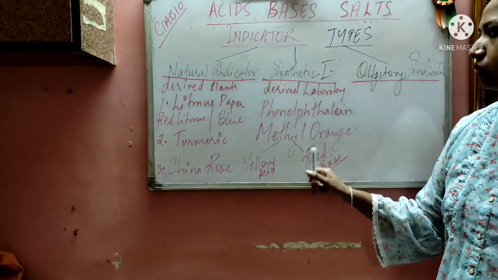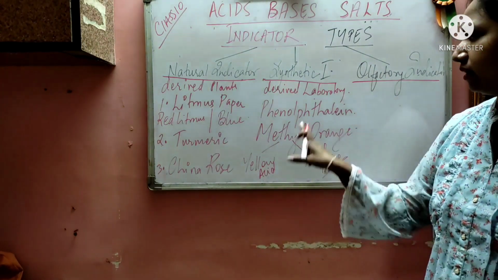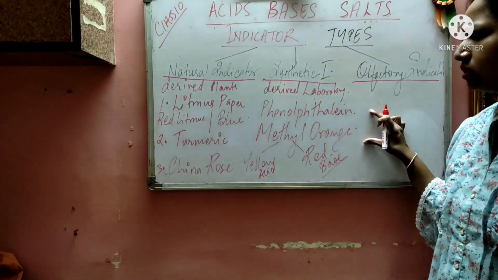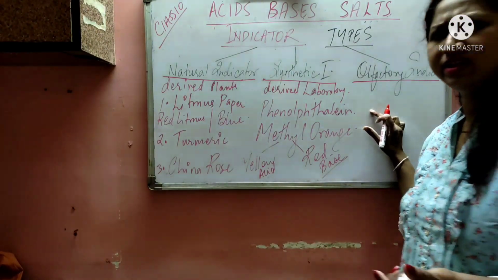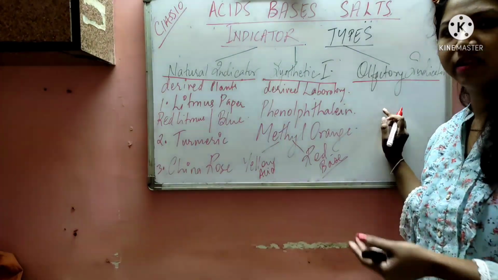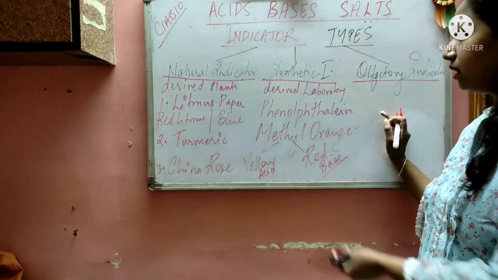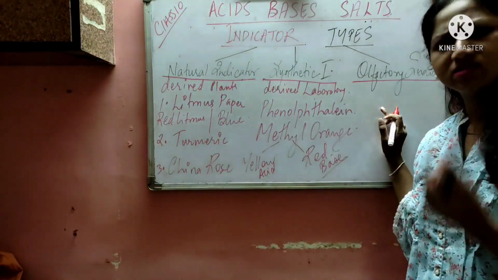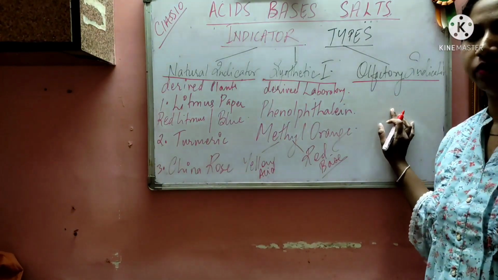So these are the two indicators used in the laboratory. There are many indicators, but in 9th and 10th these two are generally used, phenolphthalein and methyl orange.